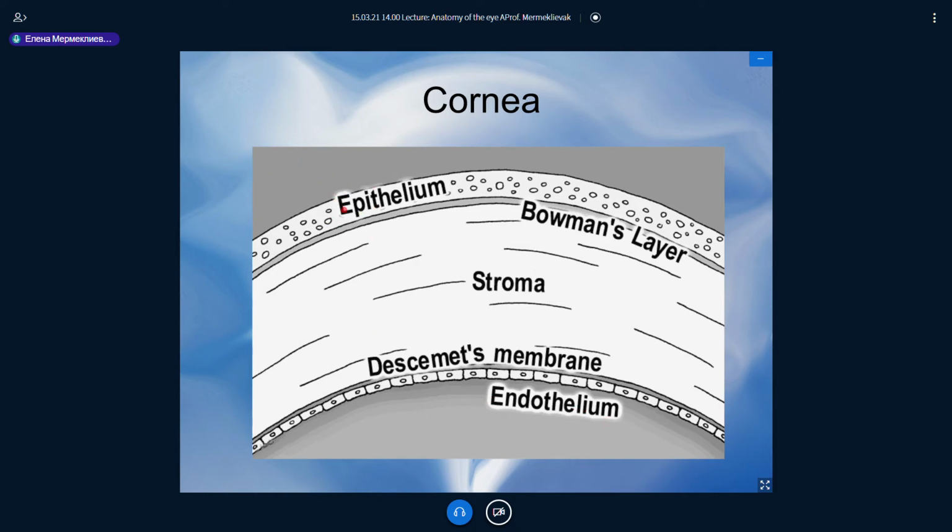The epithelium consists of 4 or 5 layers of cells with microvilli. Important is that when there is any damage here, the regeneration is complete without any defect, but it is very painful.